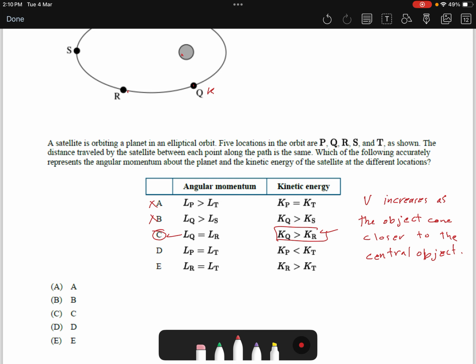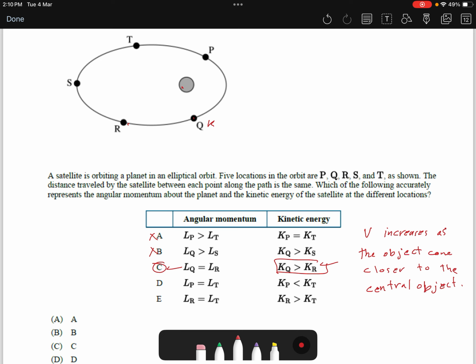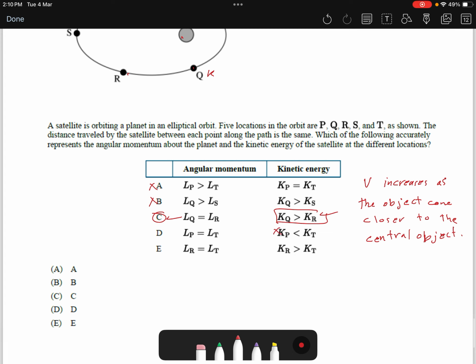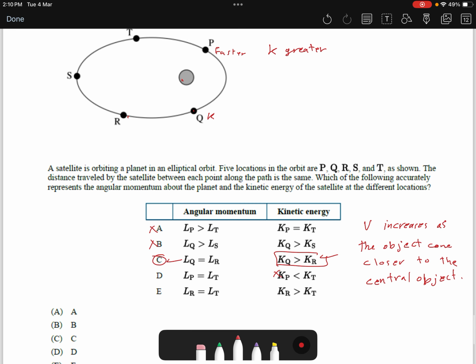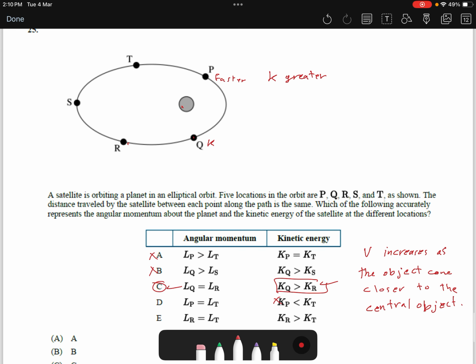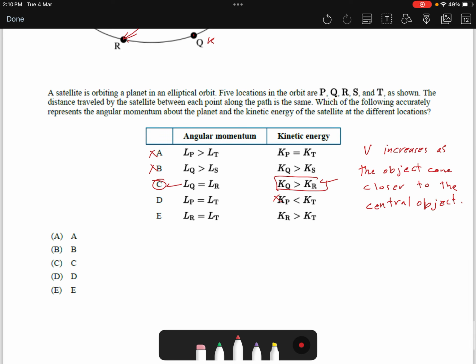If we look at the others, KB is less than KT, which is not right because here it's faster, which means greater kinetic energy. So this one is wrong. Last one, HR greater than HT, is also not right. Clearly, HT is closer to the central object than R. So the only right answer is C.